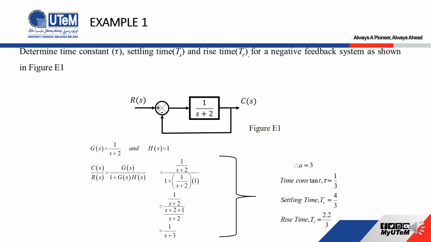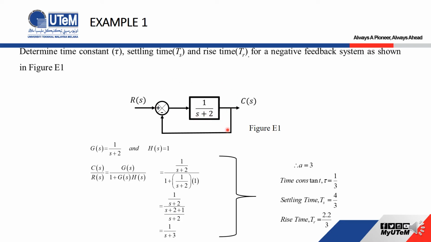Let us look at this example. The question is to determine the time constant tau, settling time Ts, and rise time Tr for a negative feedback system as shown in this figure. To solve this problem, first we have to reduce this block diagram until we get C(s) over R(s). In this case, G(s) is 1 over s plus 2.